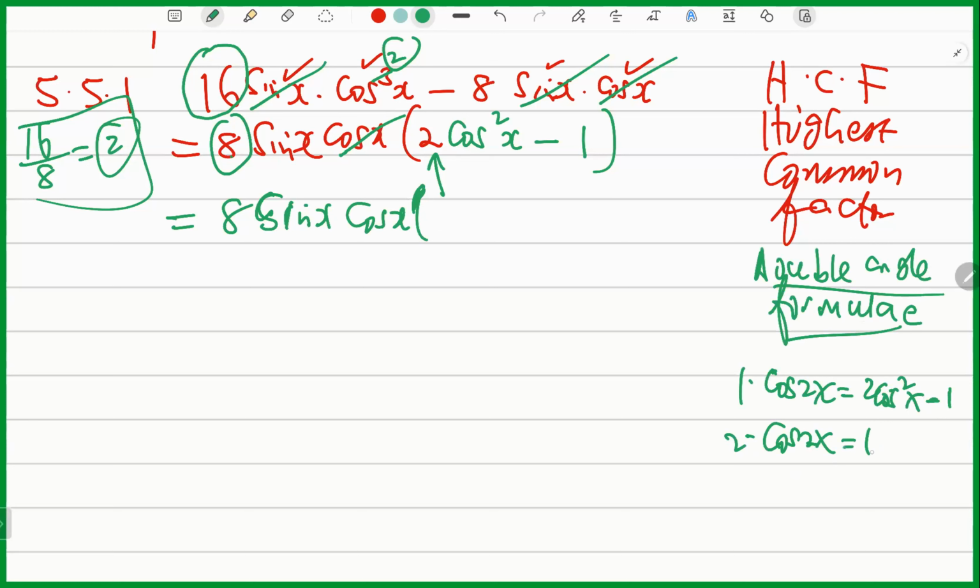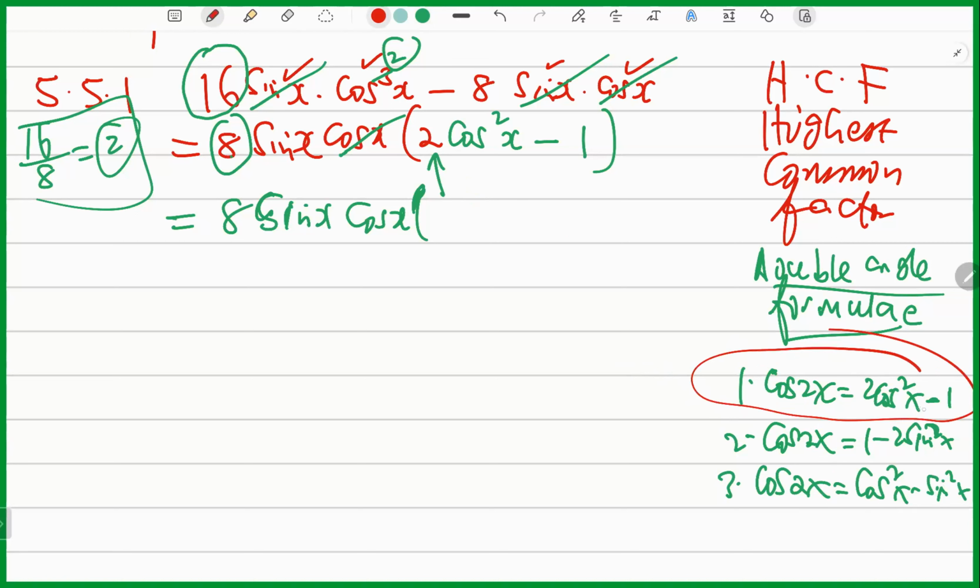Cosine 2x is 1 minus 2 sine squared x. Cosine 2x is also cosine squared x minus sine squared x. So cosine 2x has 3 identities there. So if you have 2 cosine squared minus 1, it is cosine 2x.